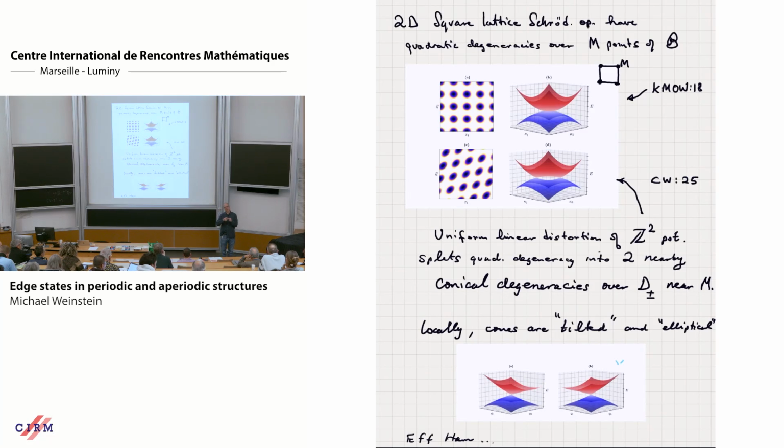In fact, numerically, as you take large distortions, I was wondering whether maybe you could get Dirac points to collide and annihilate, but we don't see that. That's a good question. Thank you.